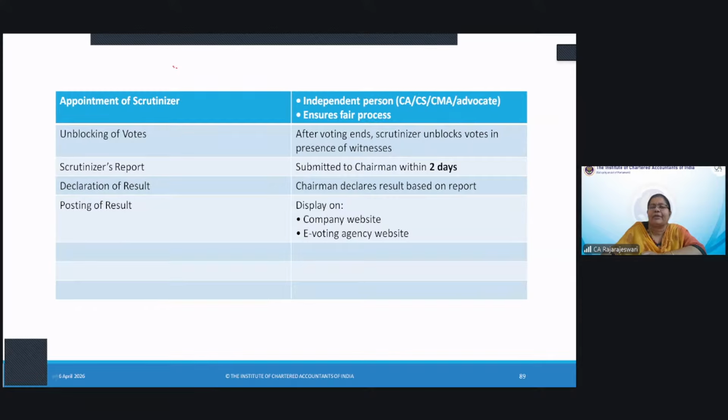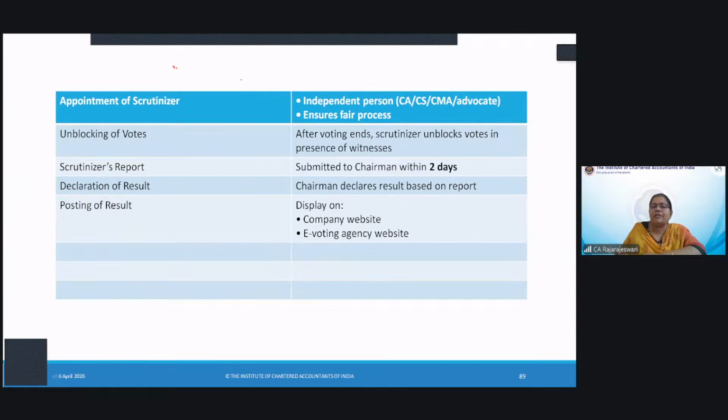So he can be appointed as a scrutinizer and that is mandatory. He will carry out the proceedings and submit the report, and the result will be published by the chairman. It should also be posted on the company's website.